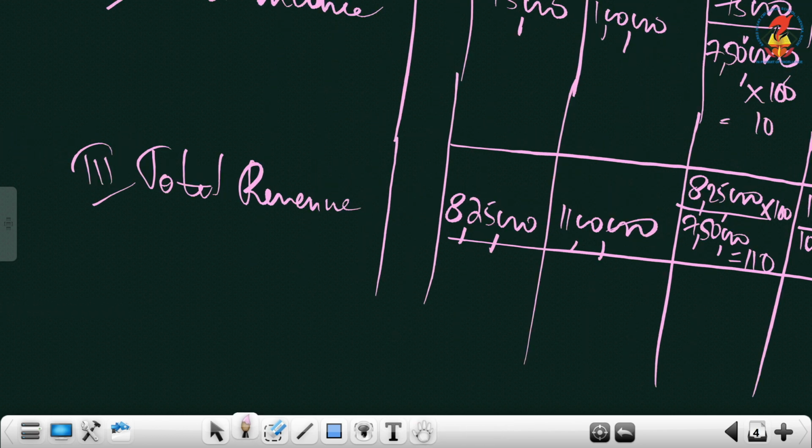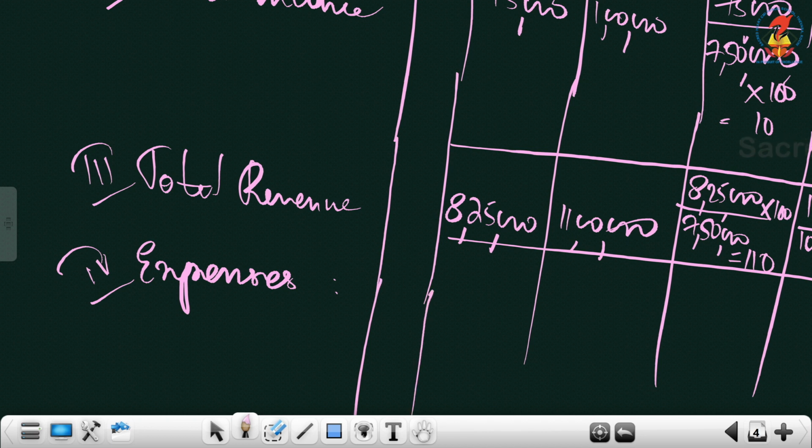Next is the expenses section. The fourth section we can write as expenses. You have to write a heading like this, though it is not given in the question. Then we will write the expenses given there. Purchases, change in inventory and other expenses.